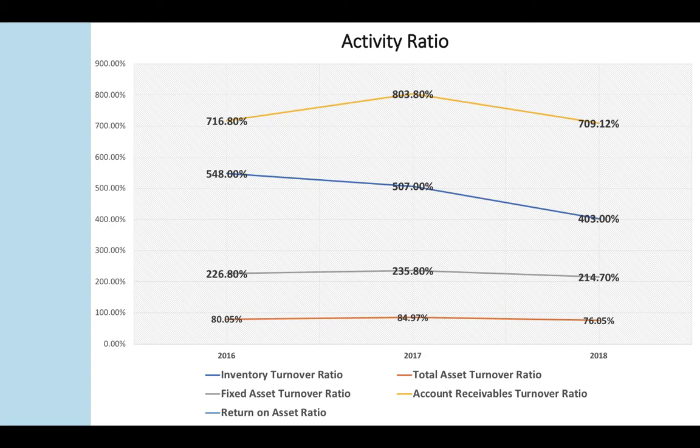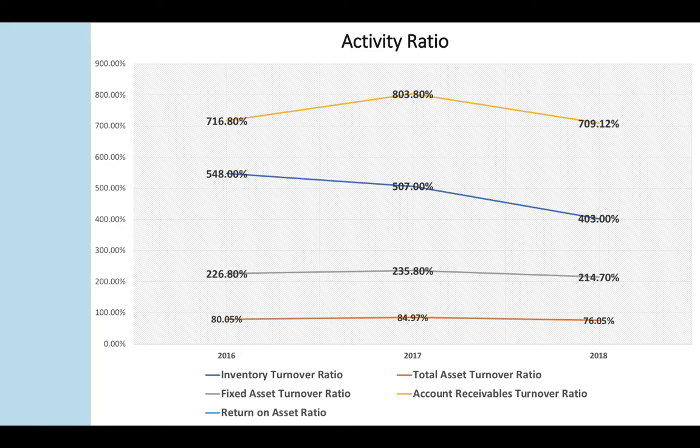The interesting thing is their account receivables turnover ratio is really high. It is 700%, and then increases to 800%, and then decreases to 700%. It means that 700% is 7 times from 100.